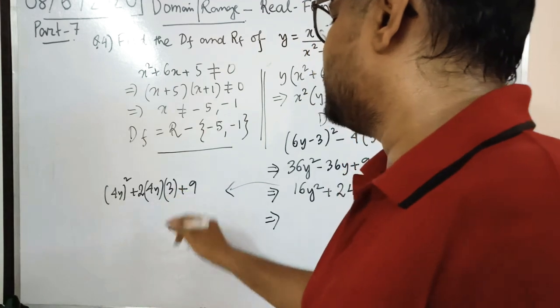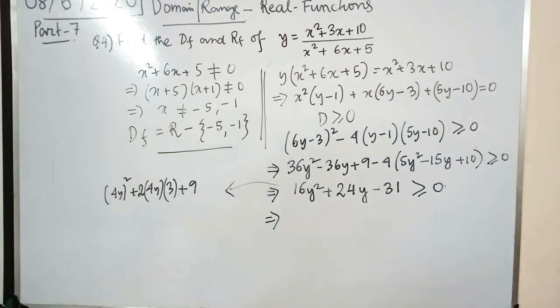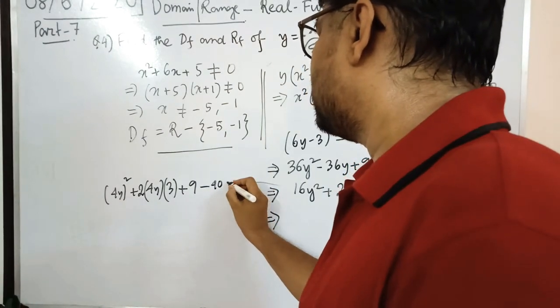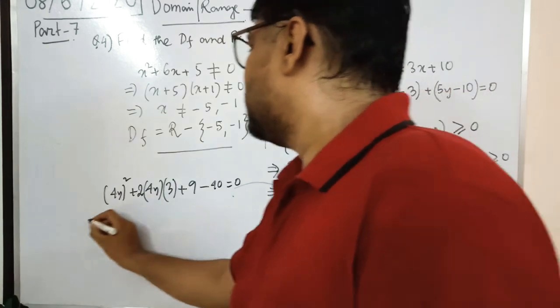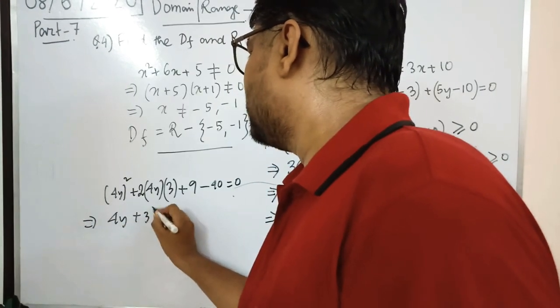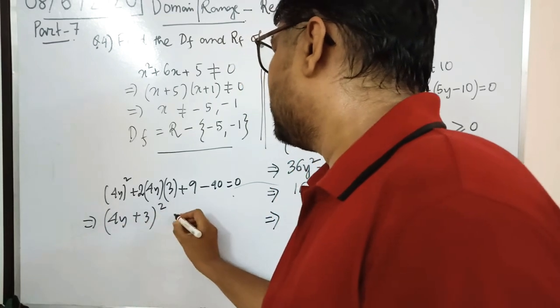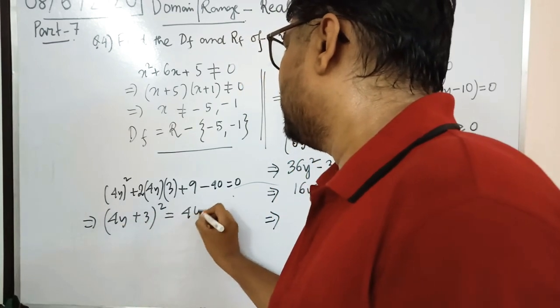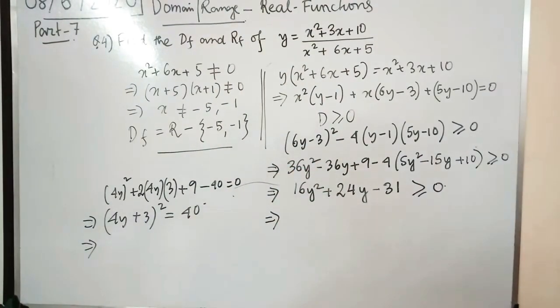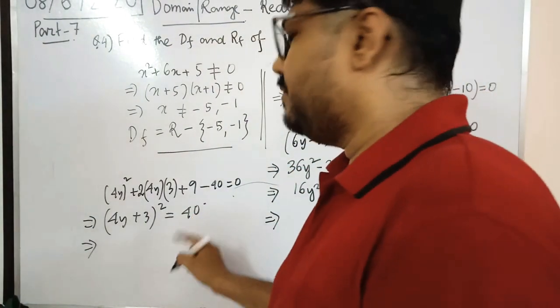What is this? This is 3 square actually. So plus 9 I got, and I got a minus 40. So this I am trying to do. So here I got 4y plus 3, okay, this is whole square, which is equal to 40. Okay, that means if I take the square root of it, then I'll get something like, 40 is what?